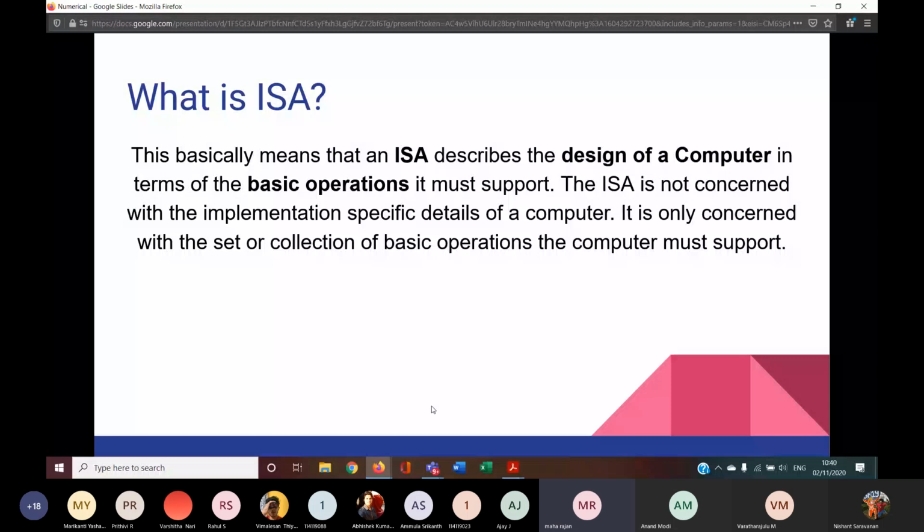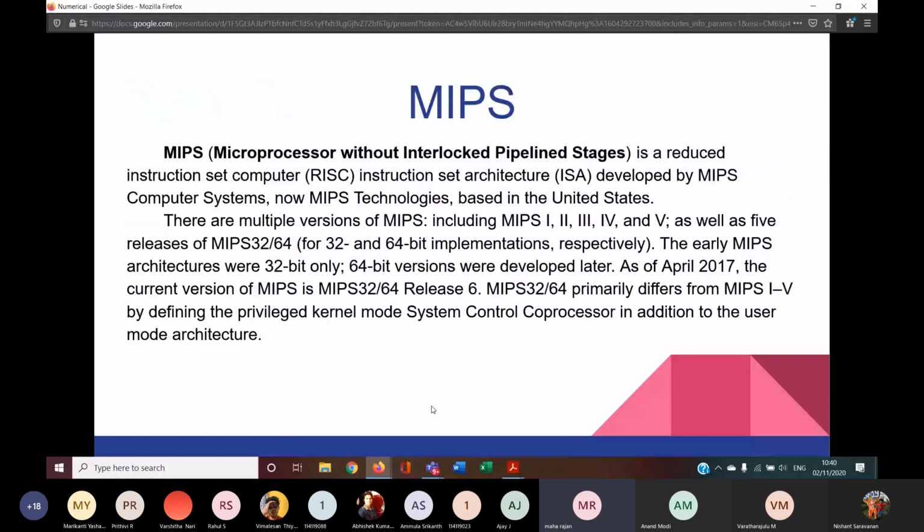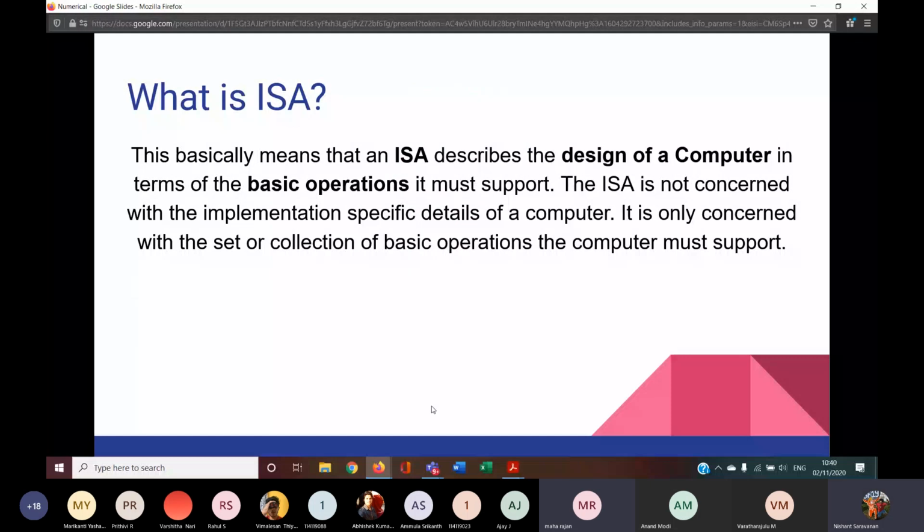If you take the example of the AMD Athlon and Core 2 Duo processors, they have entirely different implementations, but they support more or less the same set of basic operations as defined in the x86 instruction set. You can go to the next slide.